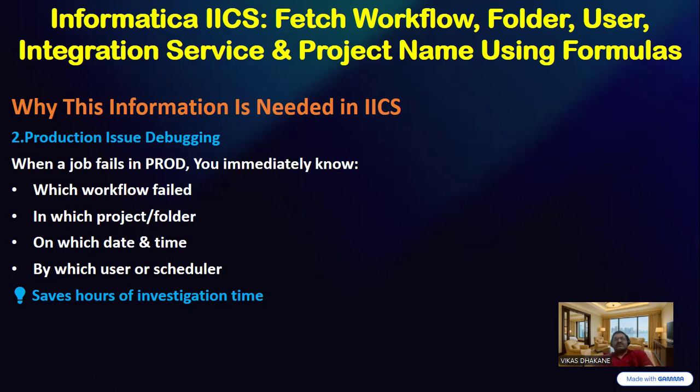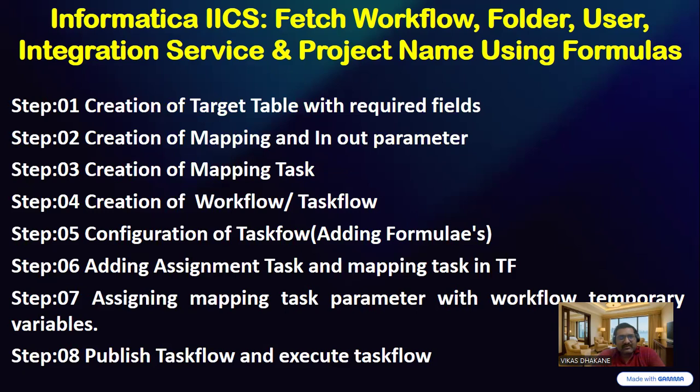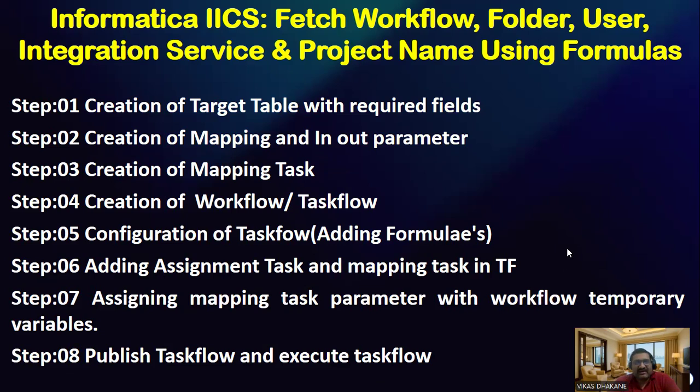Today I will demonstrate practically how we can fetch all this kind of information. We will follow certain steps, and using those steps you will get a clear idea of how you can do all these things. Step one is creation of the target table with the required fields.